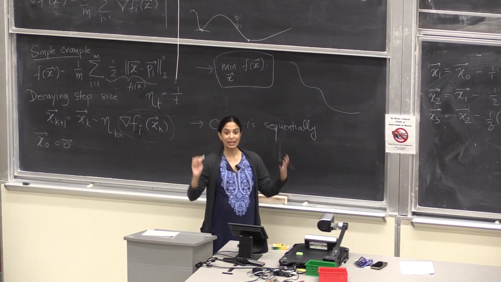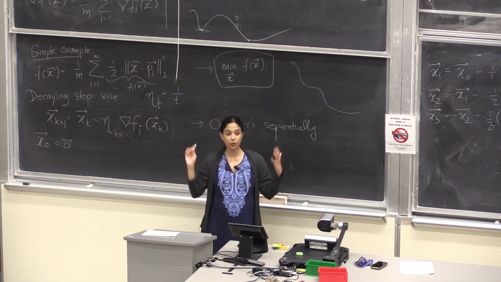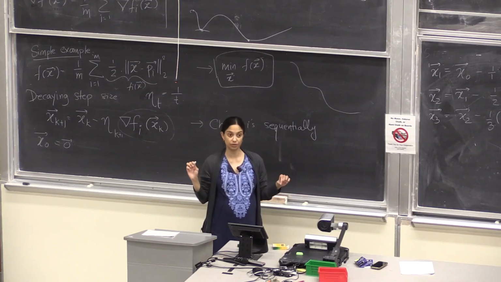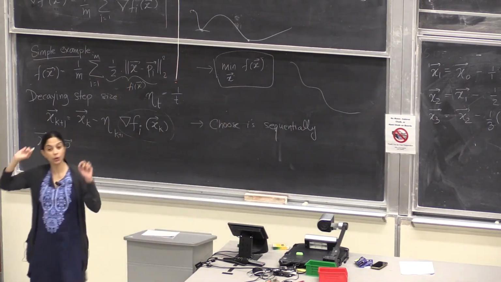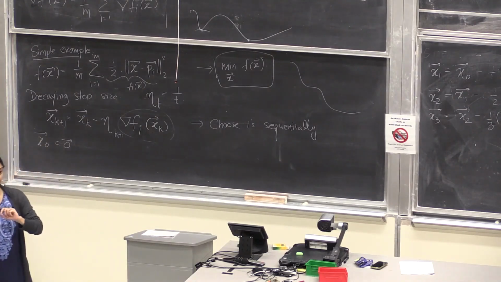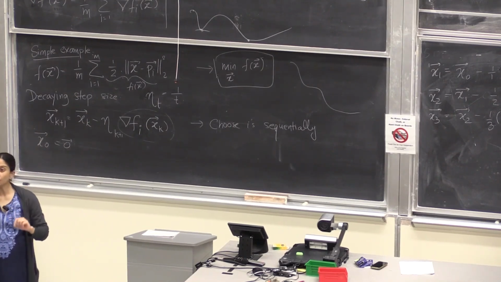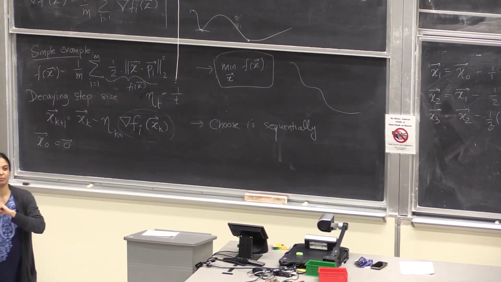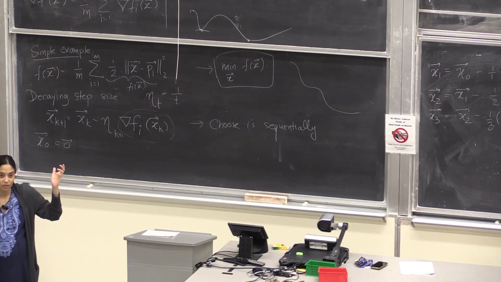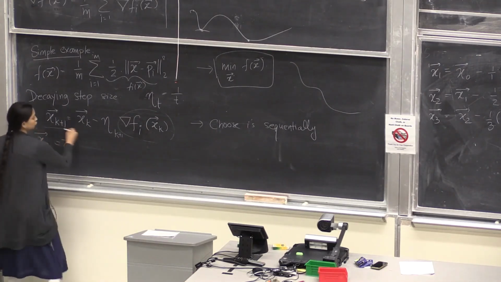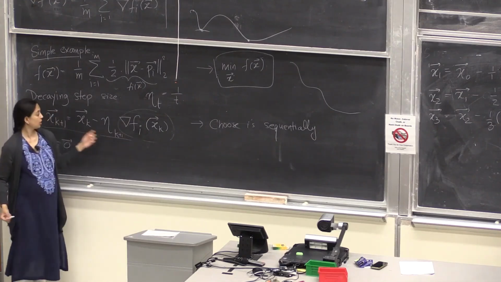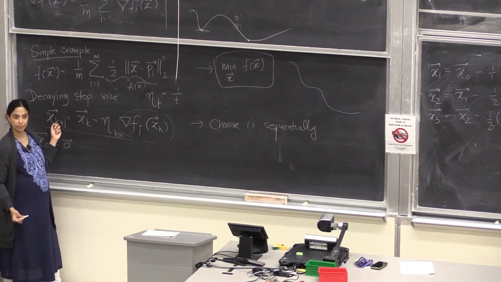We know that if I have a minimum of f of x, the gradient of f of x must be 0 at that point. But do I know that the gradient of fi of x must be 0 at that point? I don't, right?